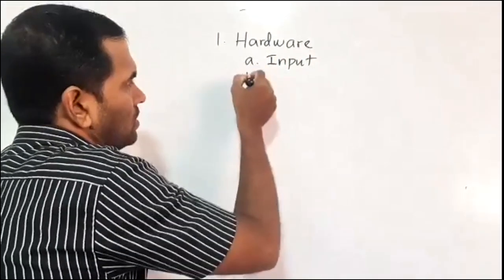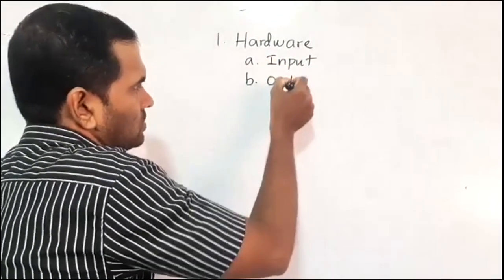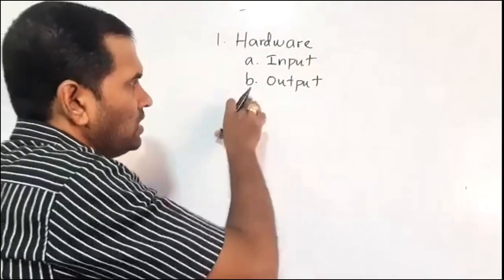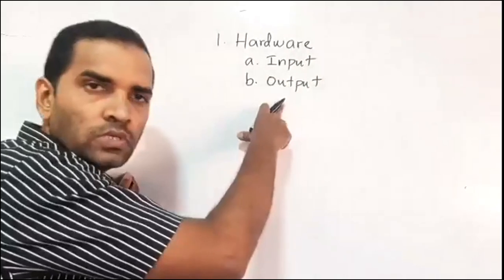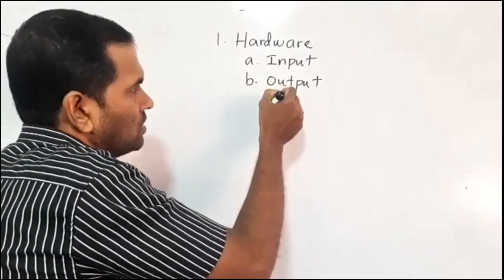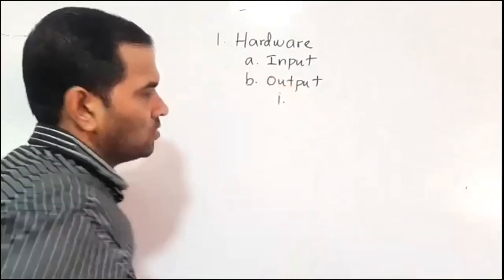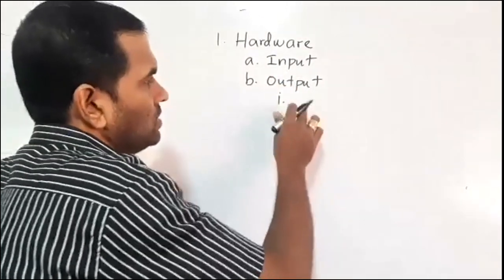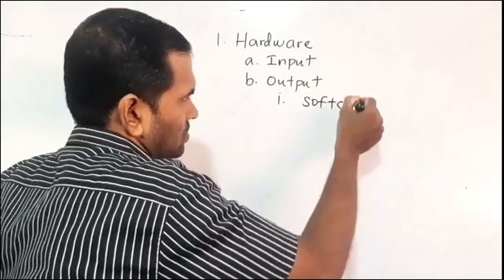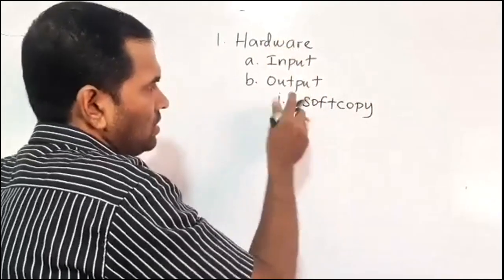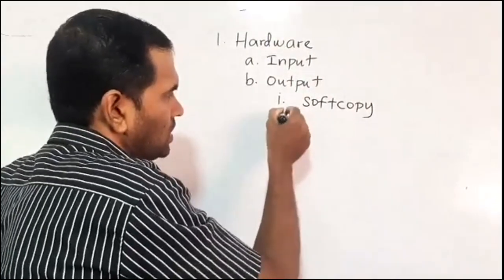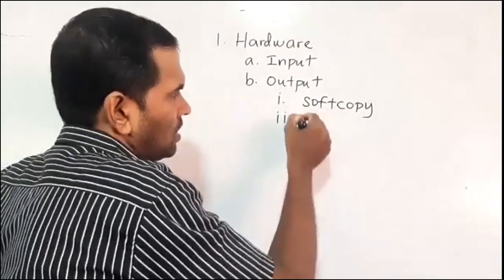Then B, I want output devices. So this time I don't want C. I just want to create another sublist here, which starts from Roman number 1. So here it is soft copy. Then the same list continued, so this must be Roman number 2. Okay, hard copy.